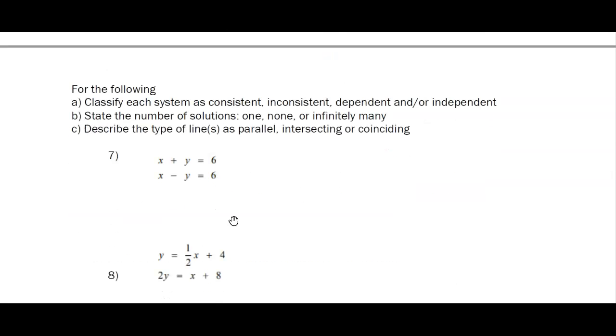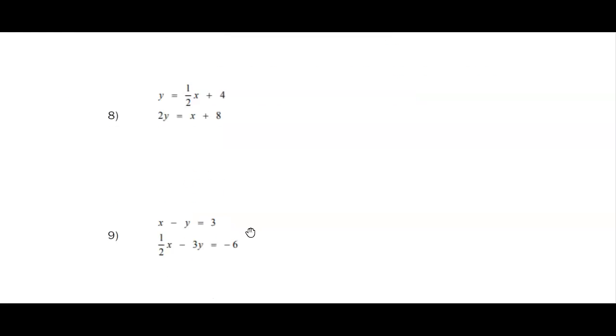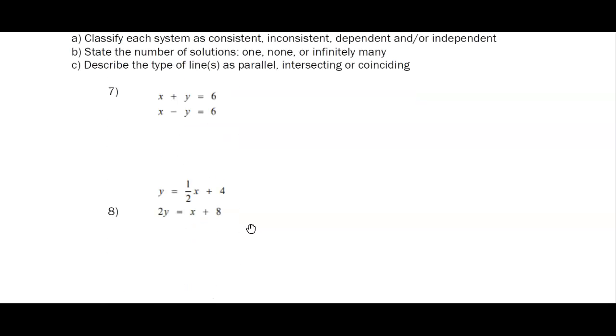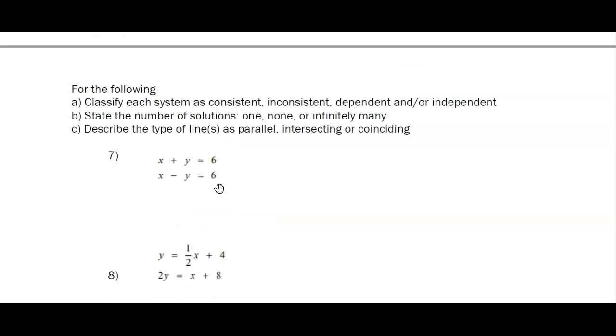Okay, in 7, 8, 9, and 10, we were comparing the equations of the lines, and once again, we were determining which categories they fell into. The easiest way to compare them is to put them in y equals mx plus b form. So you had y equals negative x plus 6.